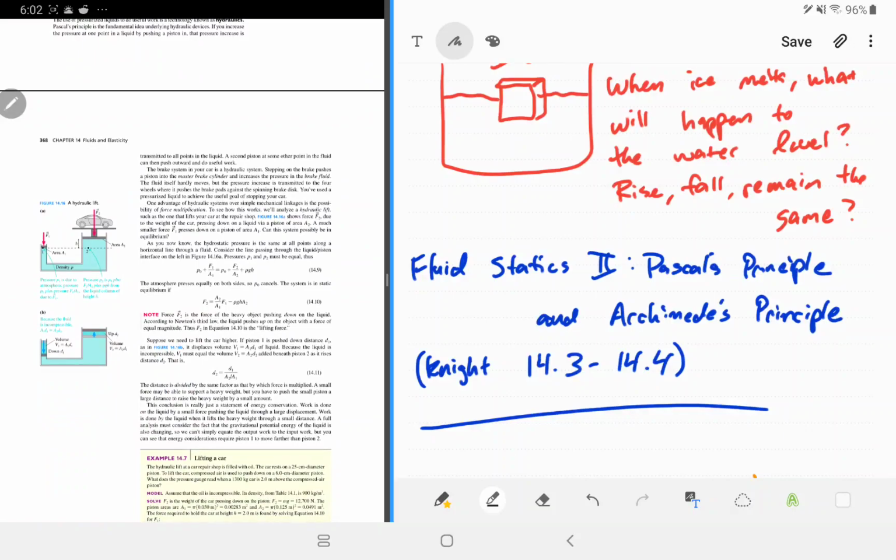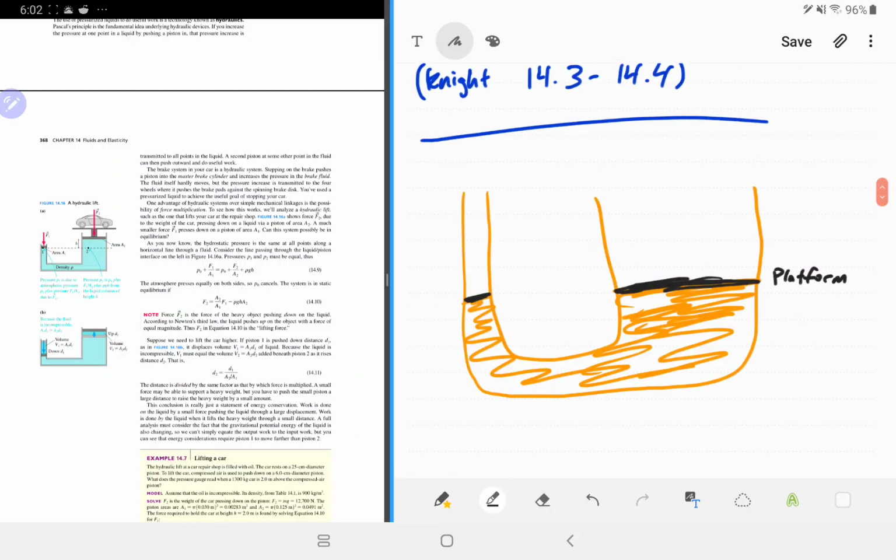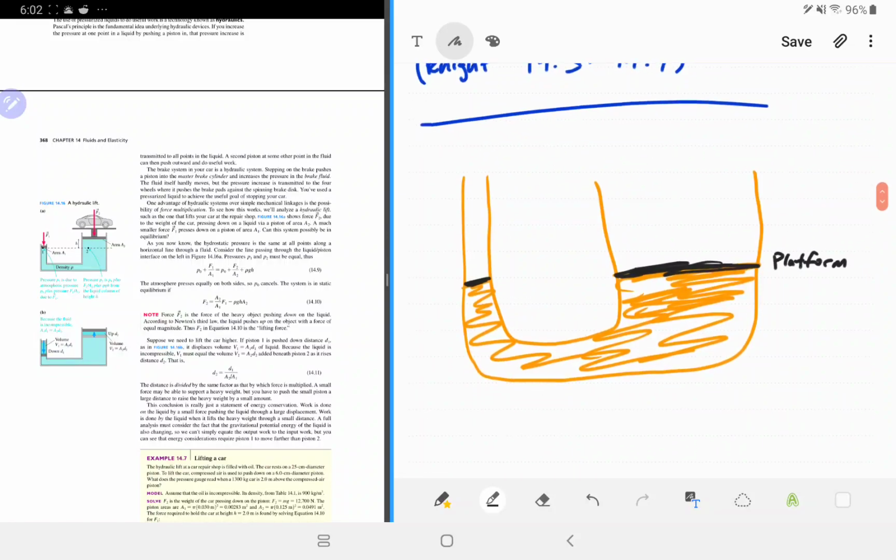Okay, hydraulic lift. This is kind of a surprising and useful thing. I drew a hydraulic lift right here. I have a thin column and a thick column. I have 2 platforms just so we can put things on top of them.